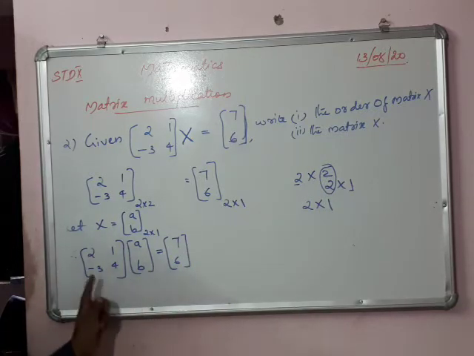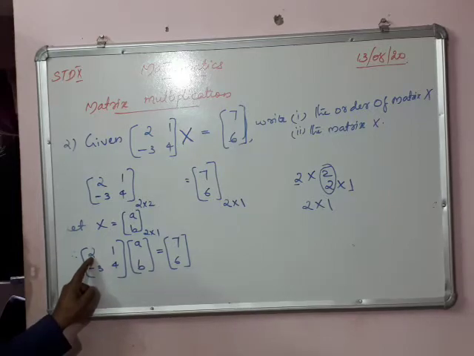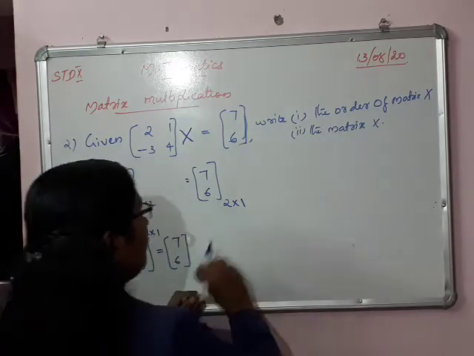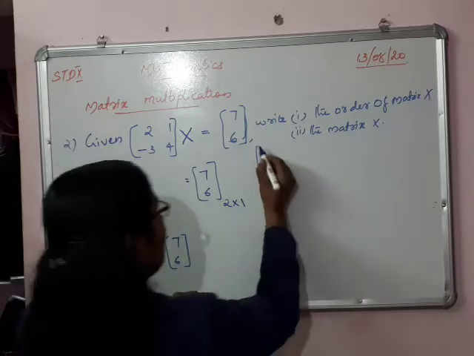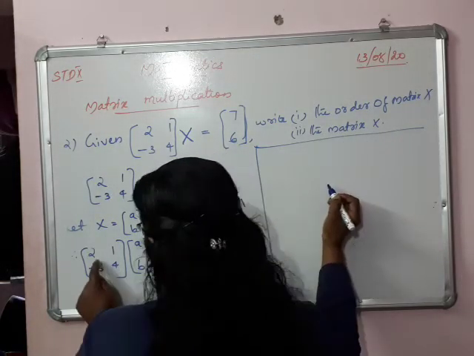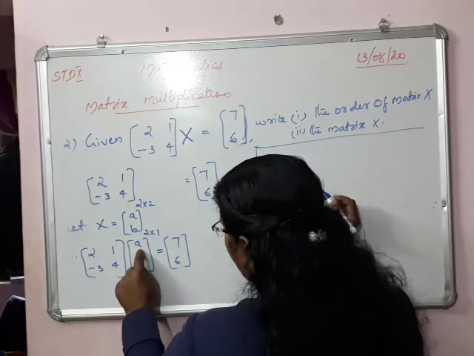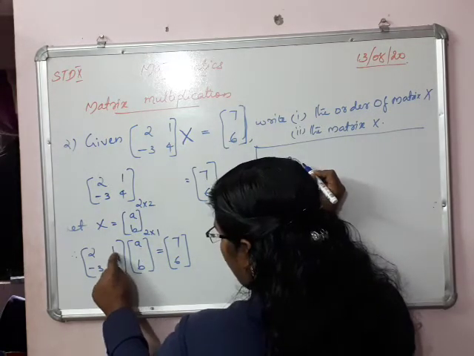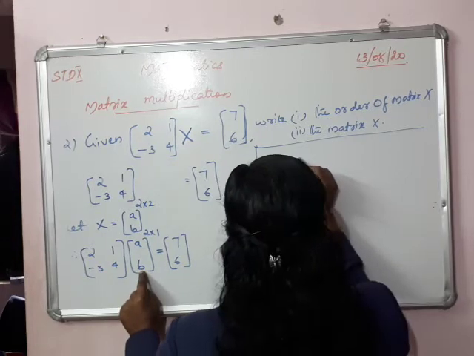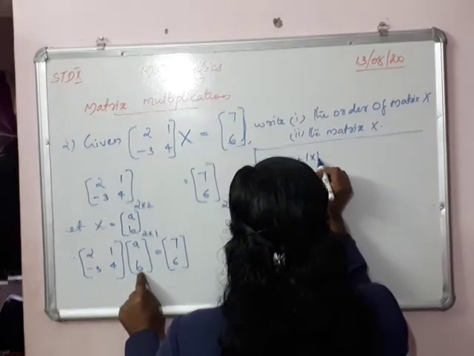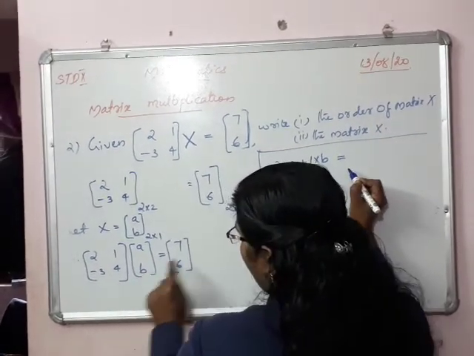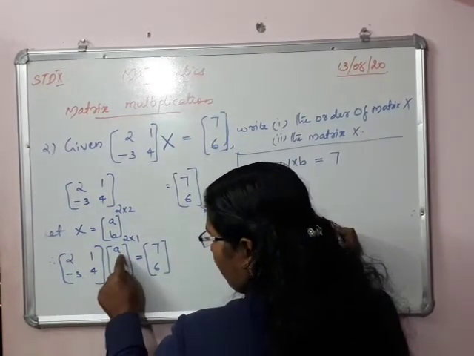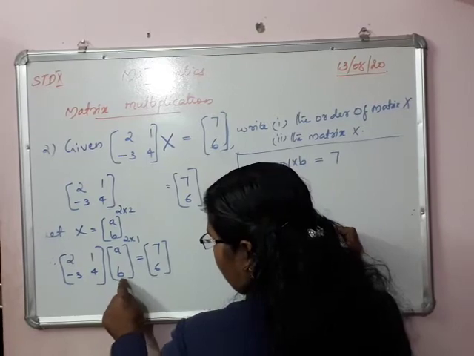As usual, we are going to equate. That is 2 into A plus 1 into B is equal to the corresponding 7. 2 into A plus 1 into B is equal to 7.